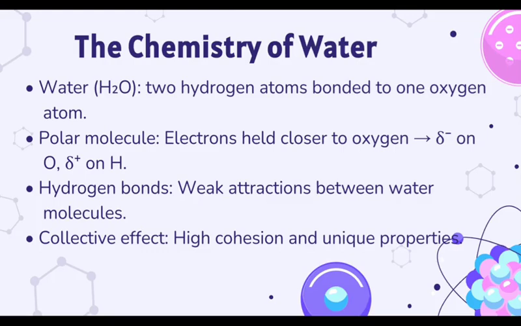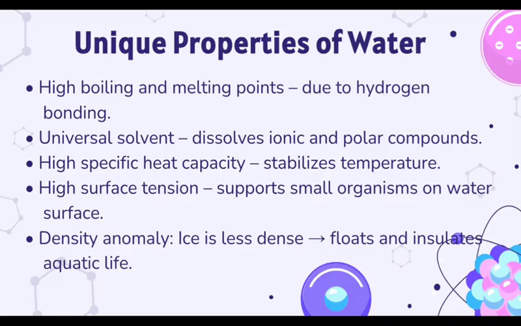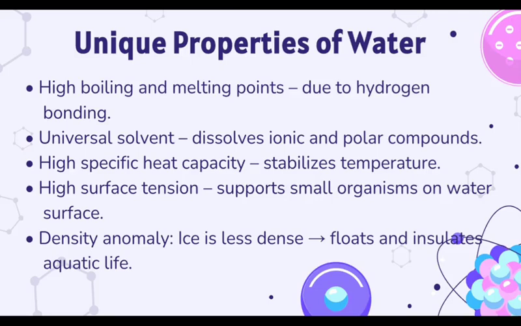Hydrogen bonds are weak attractions between water molecules, and these have a collective effect, so high cohesion and unique properties. Within water molecules, there are covalent bonds, and between water molecules, they have hydrogen bonds.